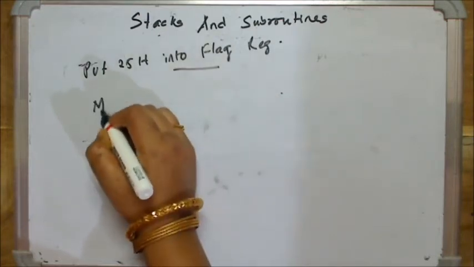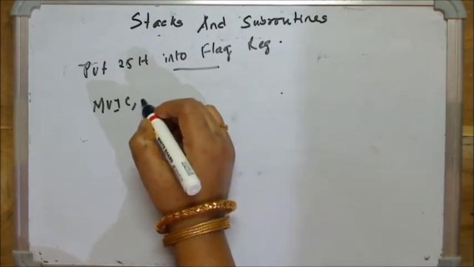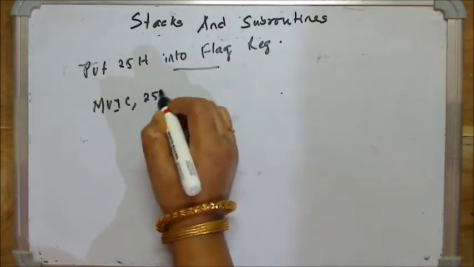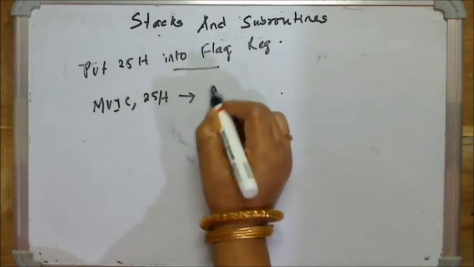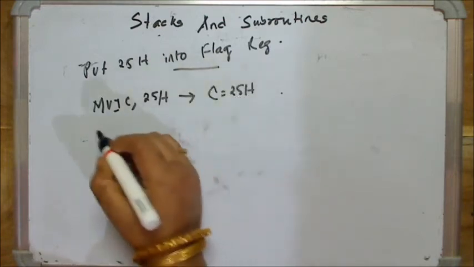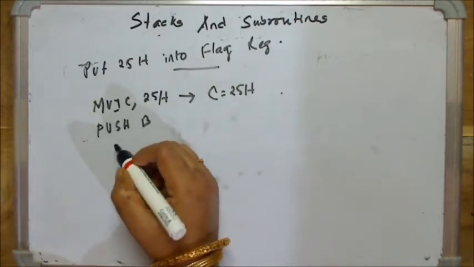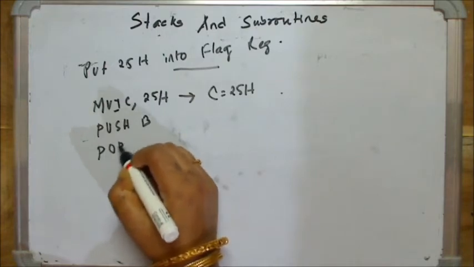First, I'll write MVI C comma 25H. That is, C is getting the value 25H. Then I'll write push B. Then I write pop PSW.